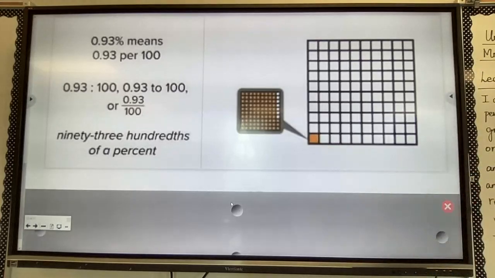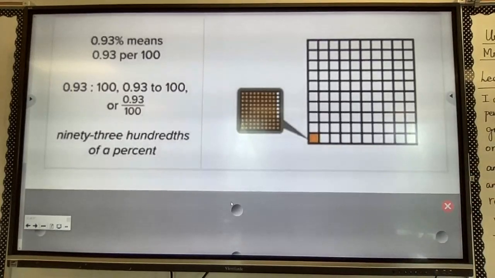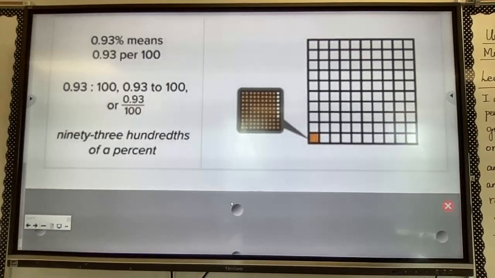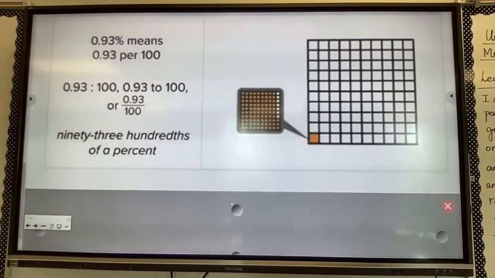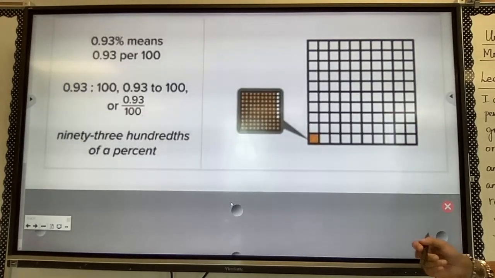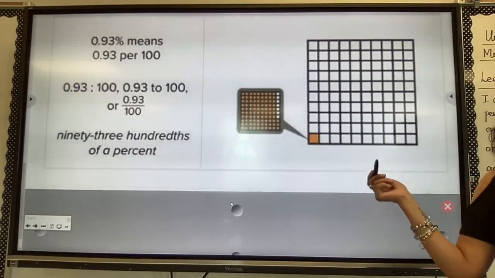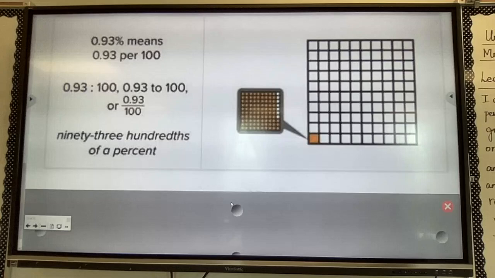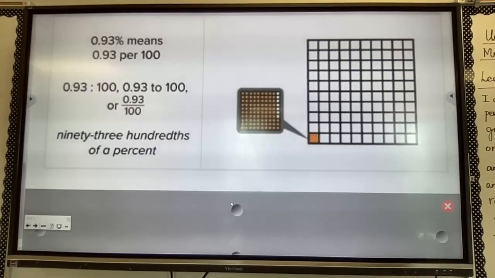Okay? So when thinking about how the size of the Earth compares to the size of the sun, it does make sense that Earth's radius is significantly less than the sun's radius just by looking at that. Okay? And Earth's radius is a little less than 1% of the sun's radius.